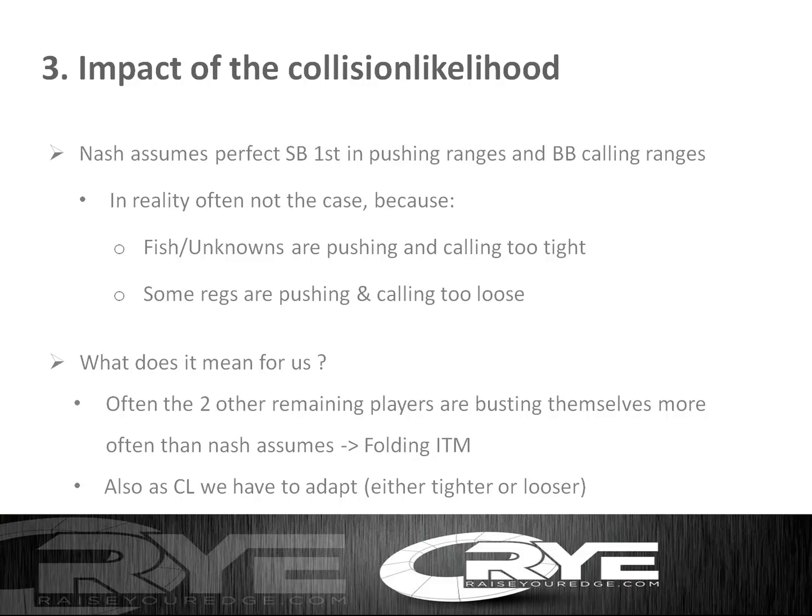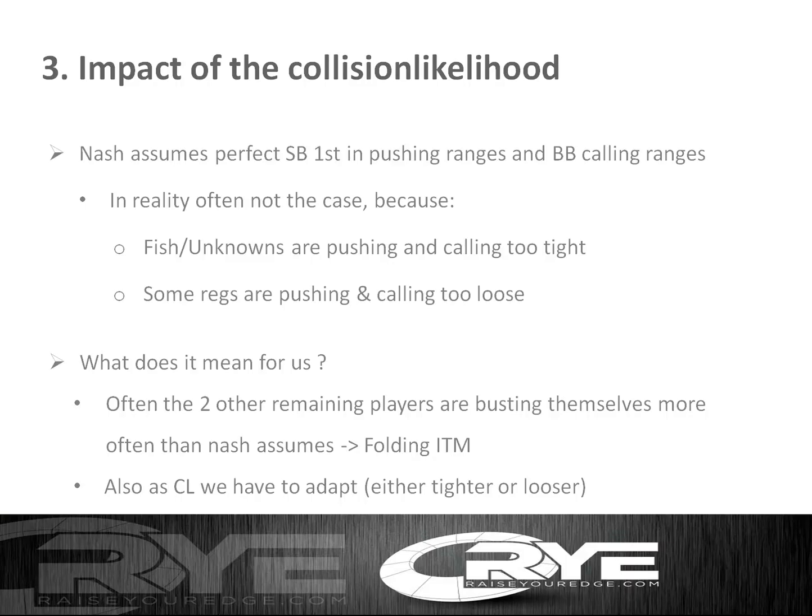What does it mean for us now? This means that it makes sense to be very tight, because the two other players will bust each other more often than Nash is telling us.